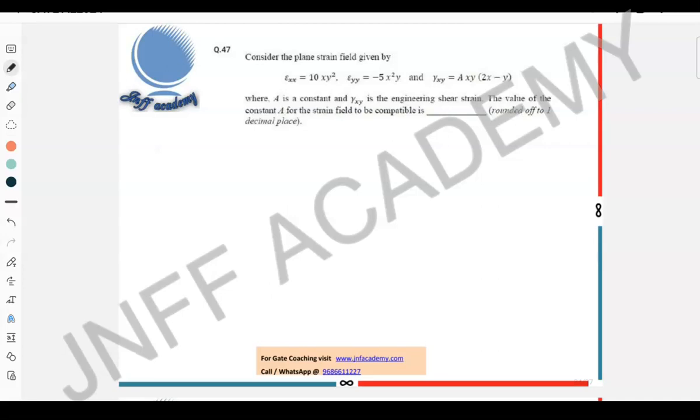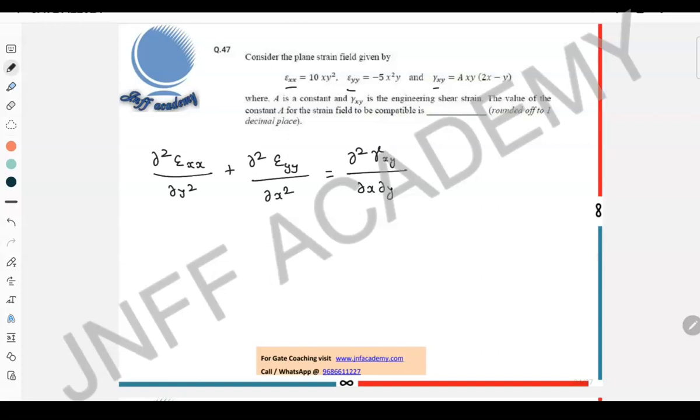So for solving this problem we need to know the compatibility equation, the strain compatibility equation. The expression which they gave is in the xy plane. So you have to consider this equation: dou square epsilon xx by dou y square plus dou square epsilon yy by dou x square is equal to dou square gamma xy by dou x dou y.